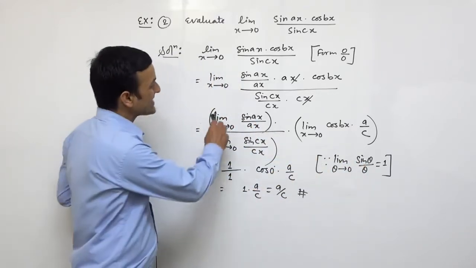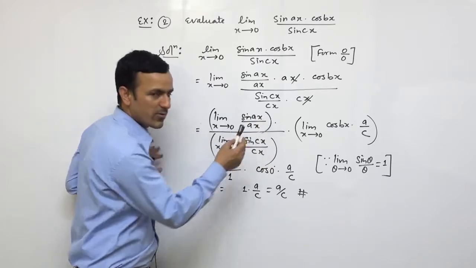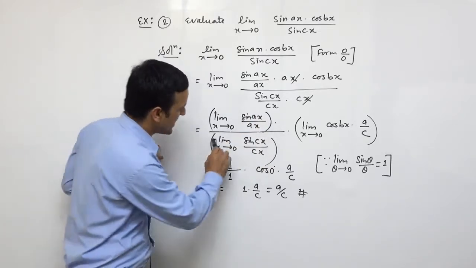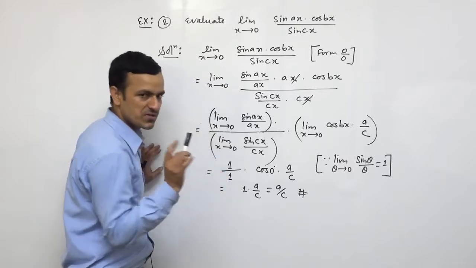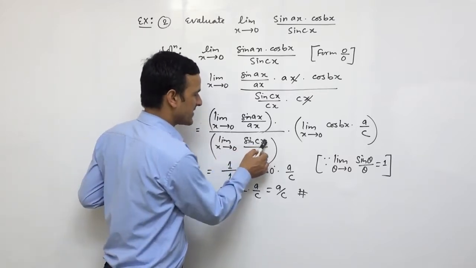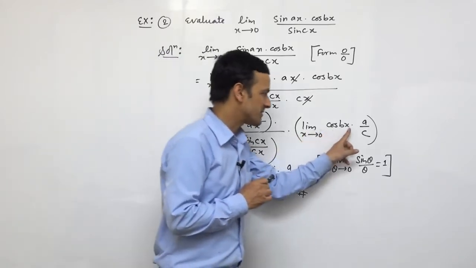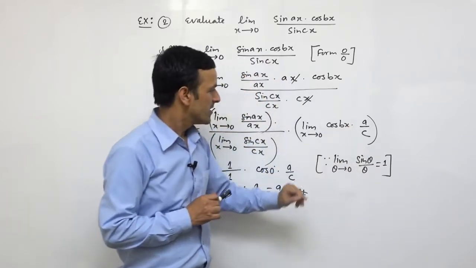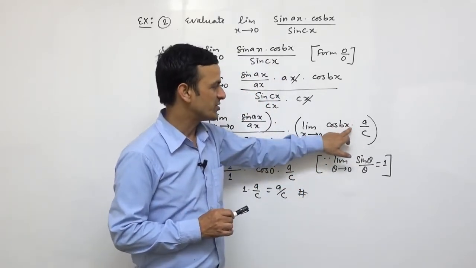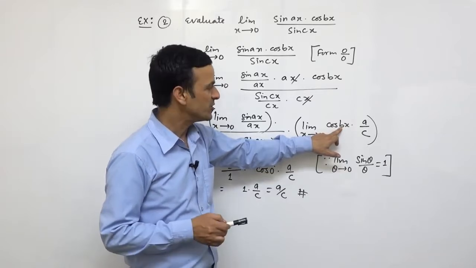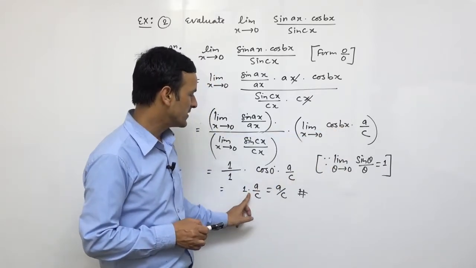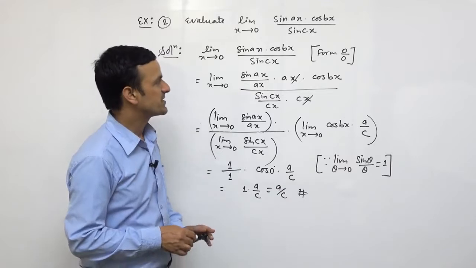As a whole, this entire term has value 1, and similarly this entire term has value 1. Here is also sin theta by theta, and cos bx: put 0 in place of x, it will be cos 0, 0 into b is of course 0. So cos 0 means 1, and finally we get a upon c.